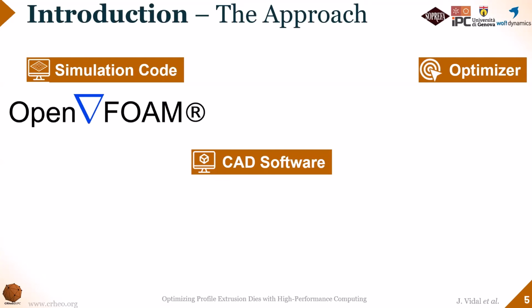So for the simulation code, obviously, we used OpenFOAM. For the CAD software, we used OnShape. OnShape was our first choice because there was previous experience of the team with OnShape, and it runs in the cloud. So it's quite flexible and allows an easy solution to implement.